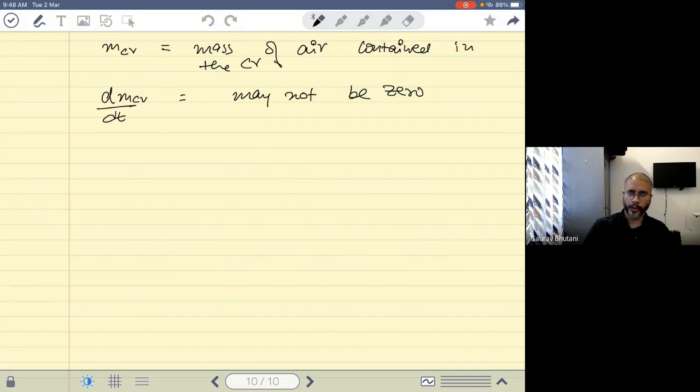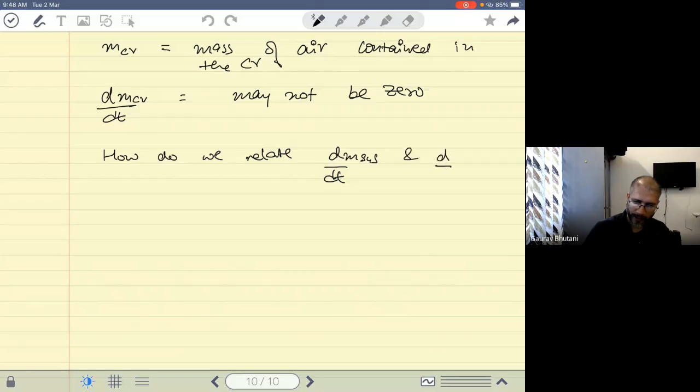Now, we talked about mass, but it could be any property. Well, we just took an example for mass. So the question is, how do we relate d by dt of the system property and d by dt of the control volume property? Now, in this case, it's mass.